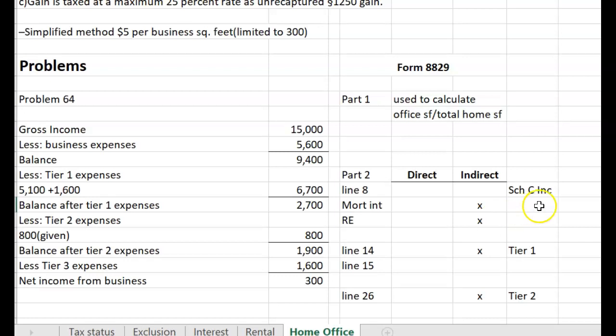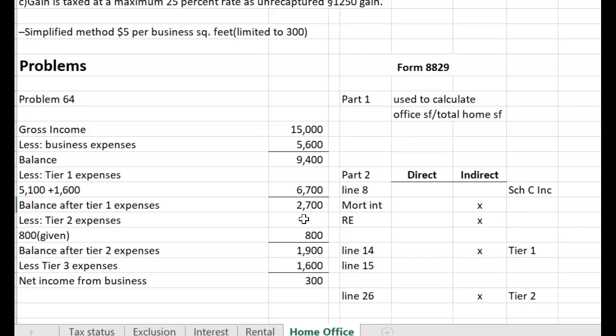So you would take your income from Schedule C less your tier 1 expenses of $6,700. So you still have $2,700 of income to actually report your tier 2 expenses.